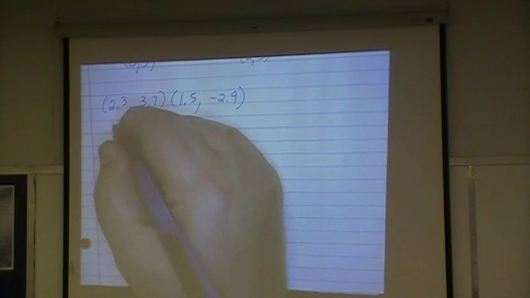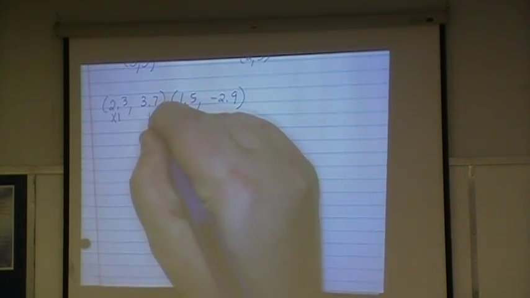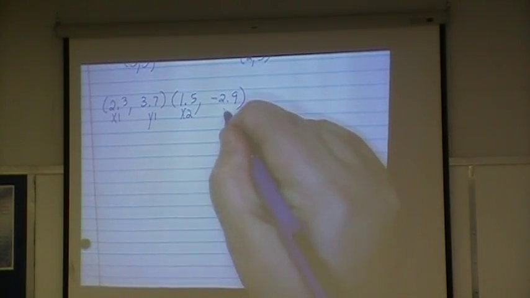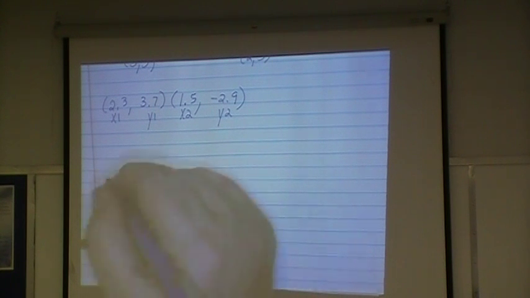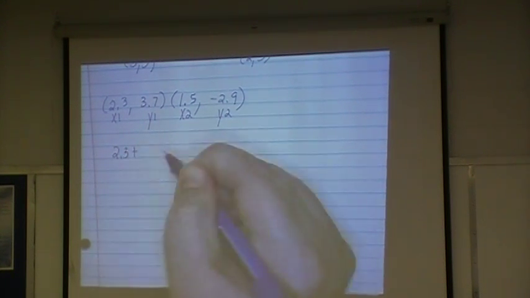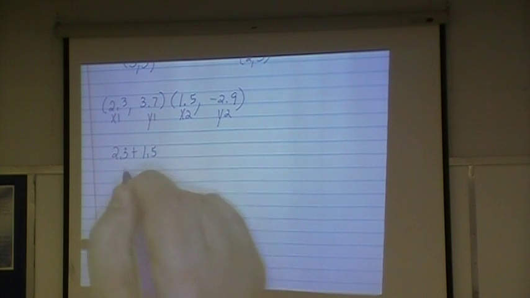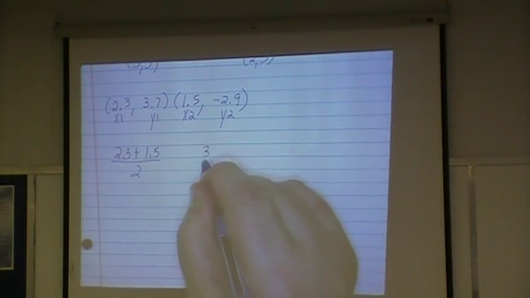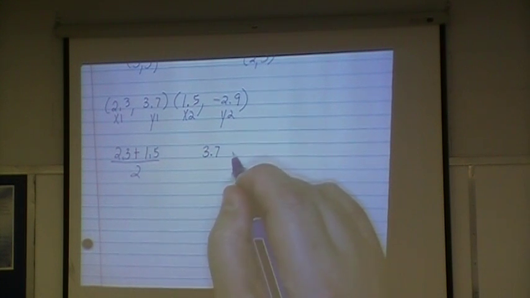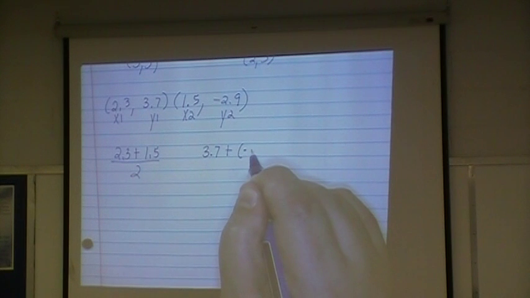Asking for the midpoint, I'll label it x1, y1, x2, y2. I'm going to add my x's together. 2.3 plus 1.5 divided by 2. I'm going to just show it this way.